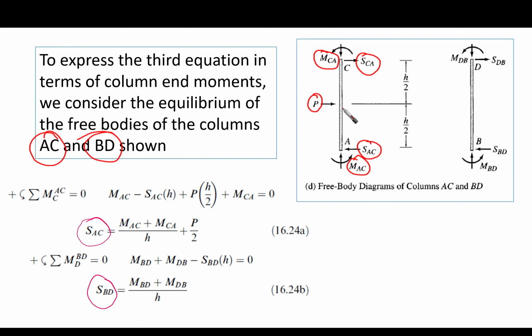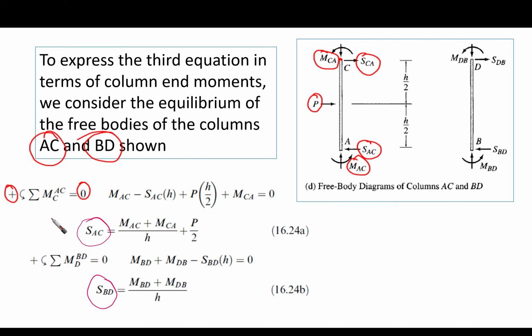So we are going to take the moment around point C for the member AC only. That's the meaning of AC here. The sign convention is that counterclockwise is positive. It should equal 0.